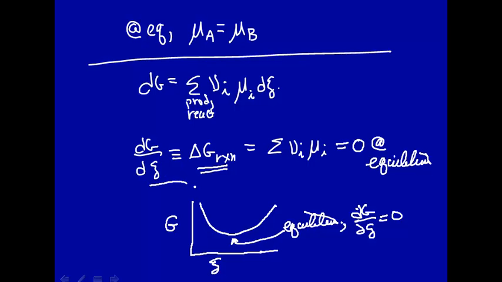So the slope, and of course delta G of the reaction, will depend upon where you are. If you start right here at equilibrium, delta G of the reaction will be 0. But if you're up here, delta G of the reaction will be greater than down here. The slope of that plot is equal to delta G of the reaction. That's because we're just defining it that way. All right, so keep that in mind.